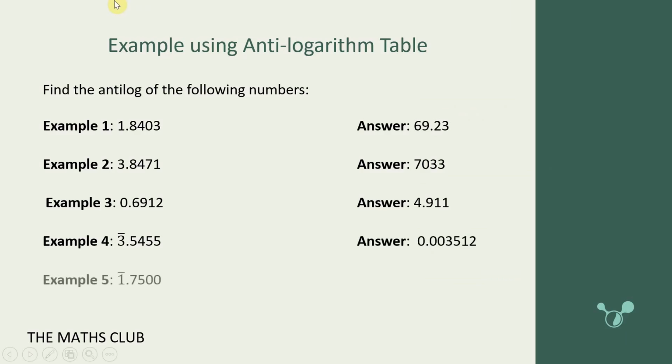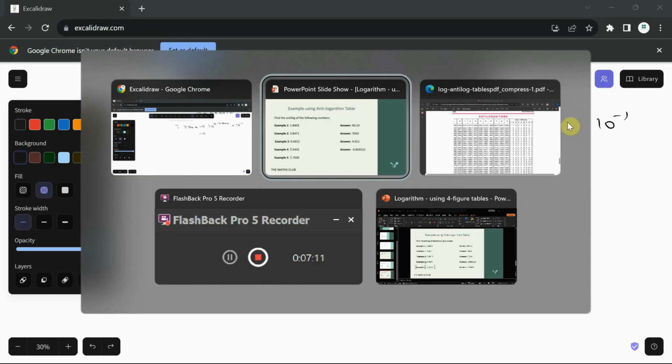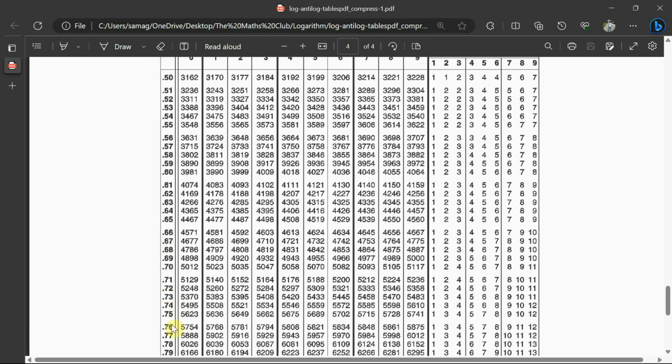Great. And the last example is bar 1.7500. This is 10 raised to the power of 0.7500 times 10 raised to the power of minus 1. So we're going to look for 0.75 under 0, difference 0. 0.75 under 0 is 5623, but there's no difference of 0.